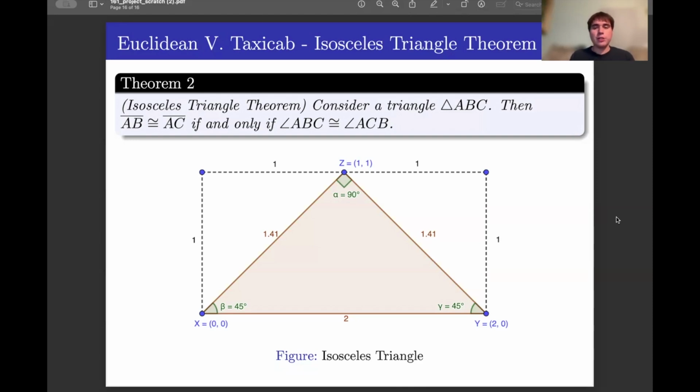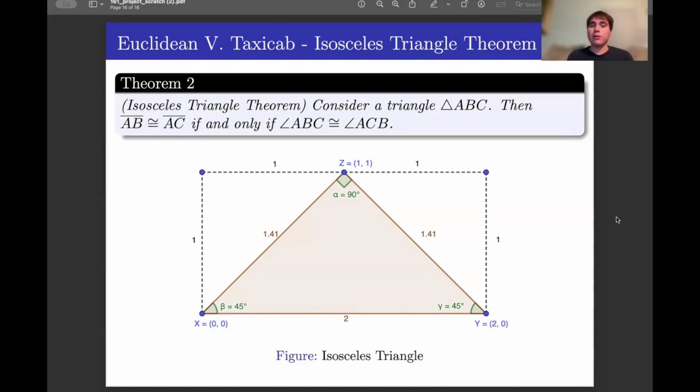However, when we measure the distance between X and Z using the taxicab metric, we can measure it by going 1 unit up and 1 unit to the right, which gives us a distance of 2 units between X and Z. And from the figure, we can also see that the distance between X and Y measures out to be 2 units, thus their distances are equal, thus they must be congruent line segments.